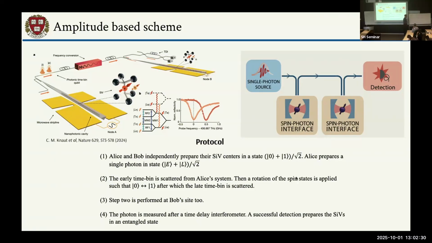Exactly. So if we are going to detect a click in the end, any lost term will never lead to a click, right? Forget about dark counts. So that means that this term and this term basically just limit my success probability. And that means that if I go through and say I detect a click in the end, then what I'm going to get is this state. Zero.